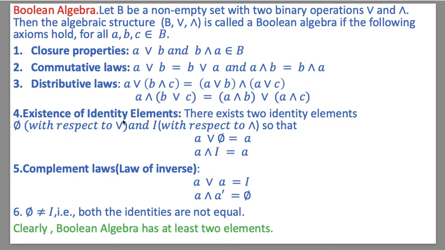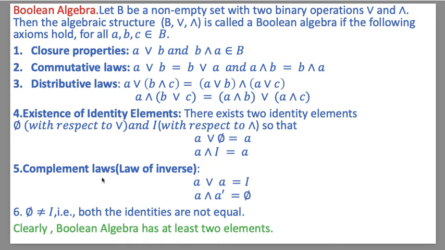Next, there exists an identity element. In fact, there exist two identity elements, phi with respect to join and I with respect to meet, so that a join phi is equal to a meet I equal to a. If the operations are addition and multiplication, we can also write them as 0 and 1.